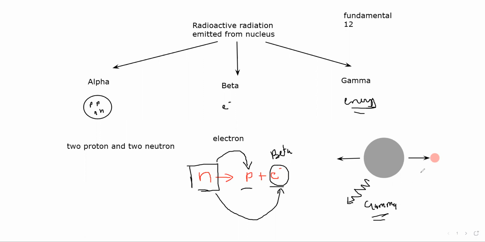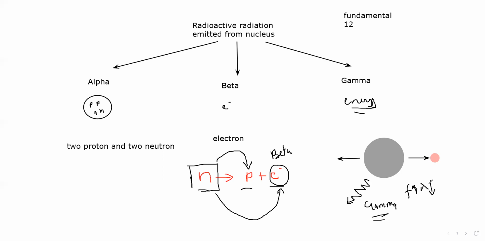It is not a particle, it is energy emitted from the nucleus, having a very high frequency and shorter wavelength, which is harmful for the human body if exposed even for a short term. Long term exposure is very harmful. A short term can have acute effects, but still it is harmful radiation released from the nucleus.